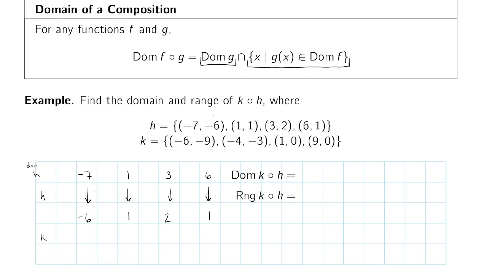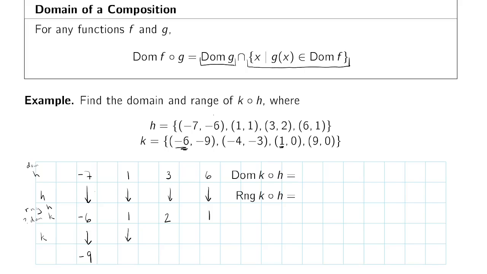And now we're in the range of h, which in some sense matches up to the domain of k. Some of these numbers are in the domain of k, right? -6 is in the domain of k. K takes that to -9. 1 is in the domain of k.